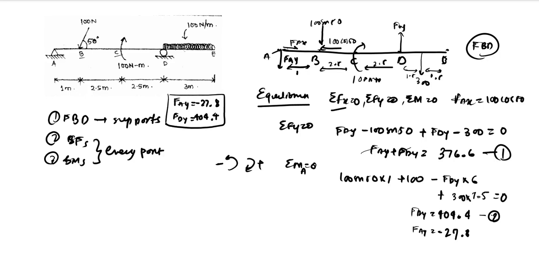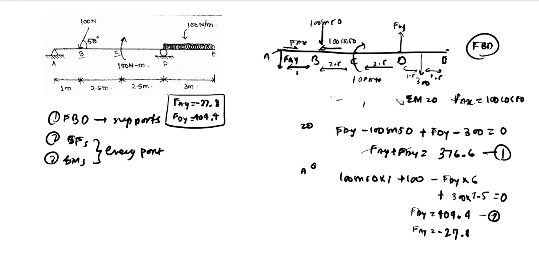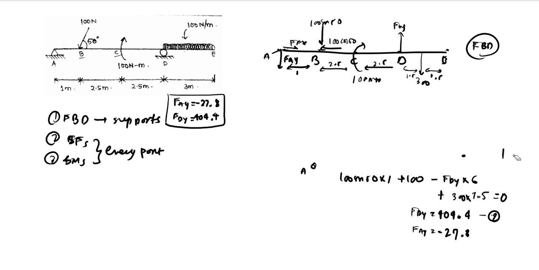Next, we will calculate the shear forces at every point, which is necessary to make the SFD. For that, we will follow a certain sign convention, which you need to understand, because it is important. If you do not follow the sign convention, your answer can be of a different value or a different sign.